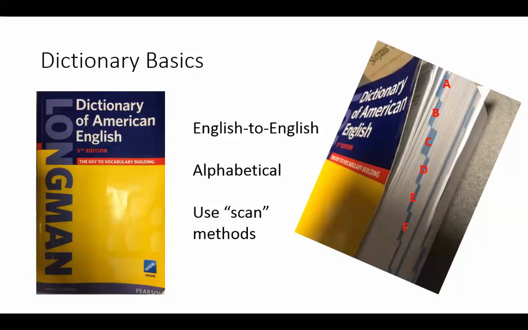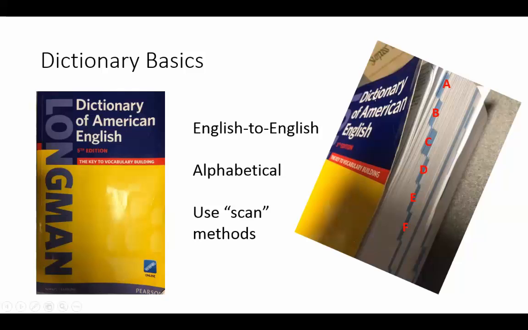Unlike some of you who might have a translation type of dictionary, where you have the English word and then the explanation or translation into your language, we instead use English to English dictionaries. It is a little more difficult, but it will help you to become a better English speaker and a better English learner.